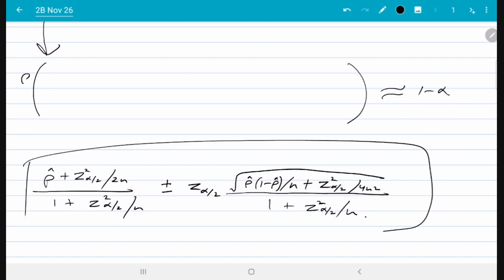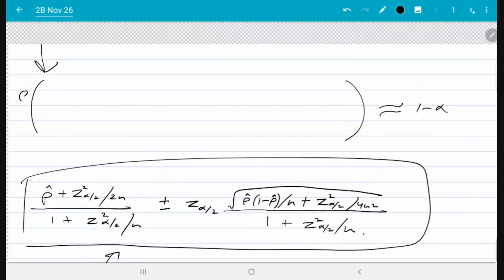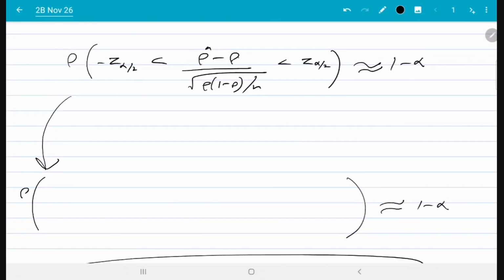Okay. 100 into 1 minus alpha percentage confidence interval for P. Okay, so from this to this, you'll have to work hard to manipulate it.